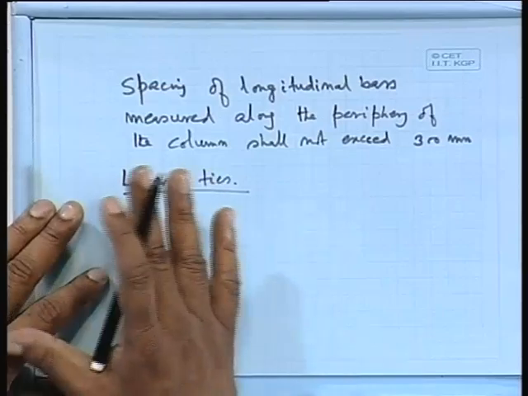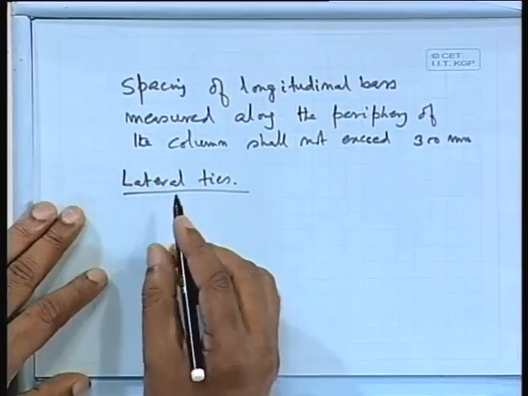That means the way we consider in beam that is stirrup, here we call it tie.